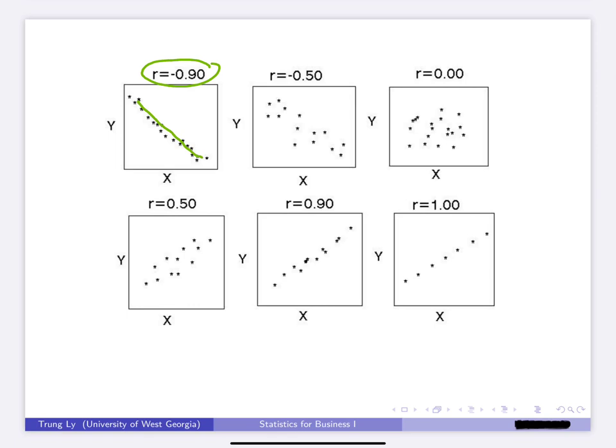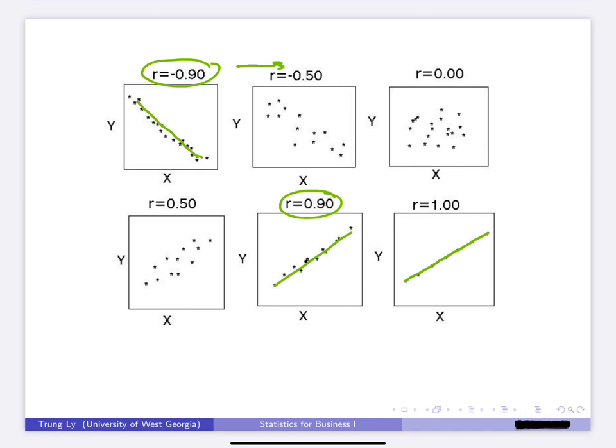As we approach 0, the linear relationship becomes weaker and weaker. When the correlation coefficient is 0.9, then there's a strong positive linear relationship, and when the correlation coefficient is 1, then all the points form a straight line. They all lie on a straight line in the xy coordinate.